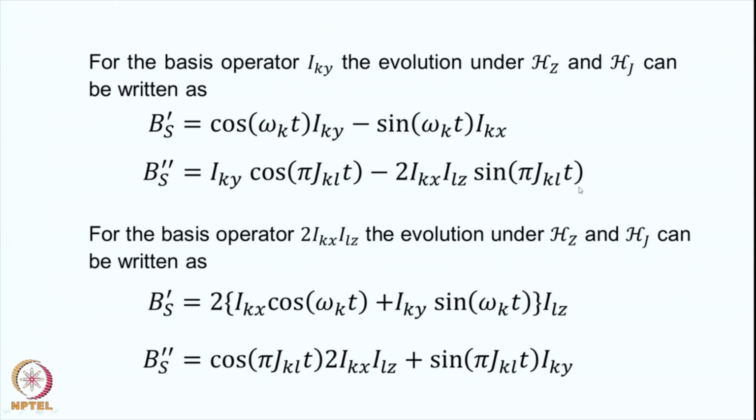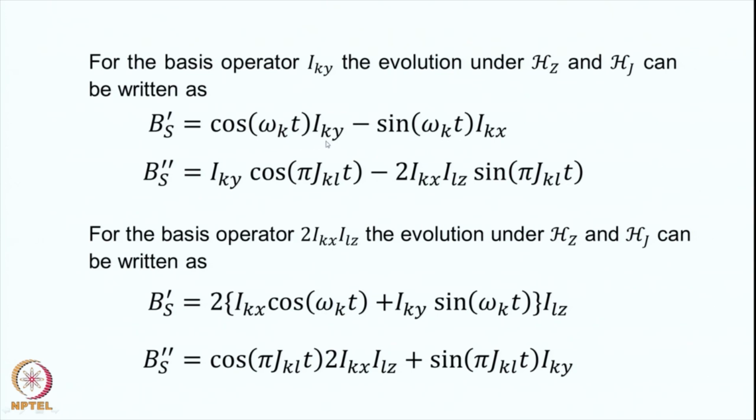I want to point out here one thing, that when you are actually calculating Ikx, remember we had Ikx here in this term, but plus 2 Iky Ilz. Now here you see, if you are starting with Iky, this gives you Iky cosine pi Jklt minus 2 Ikx Ilz. Similarly, in this case also, when you had Ikx evolution, it was Ikx cosine omega kt plus Iky sin omega kt.